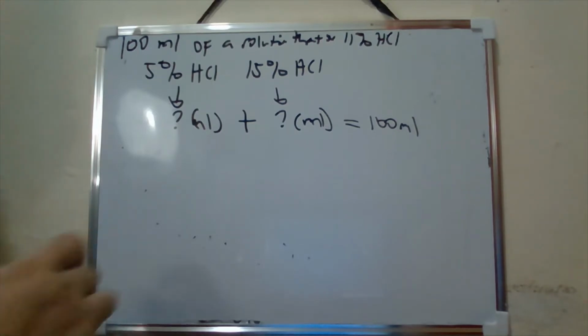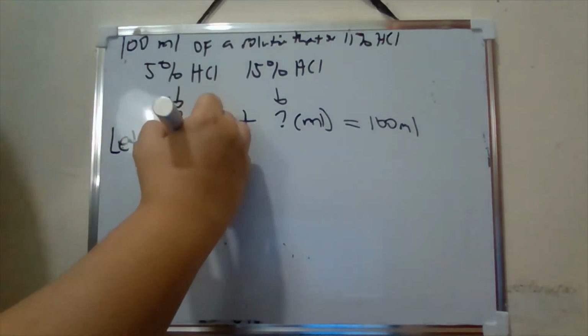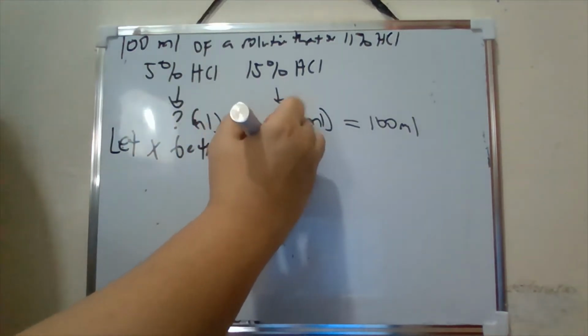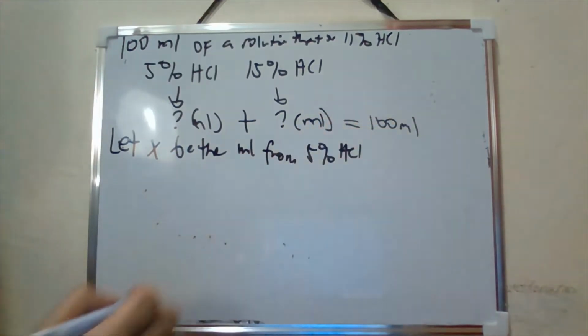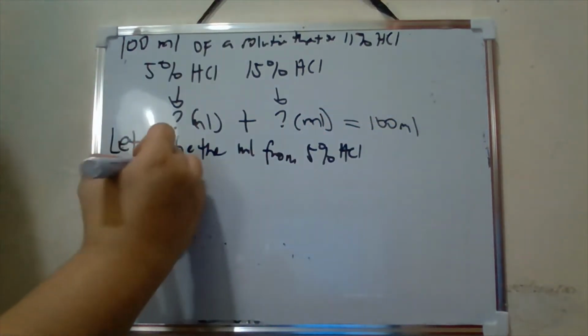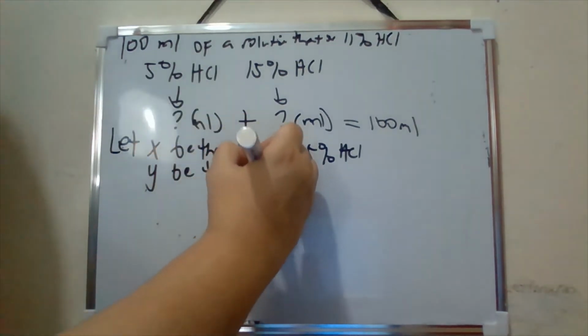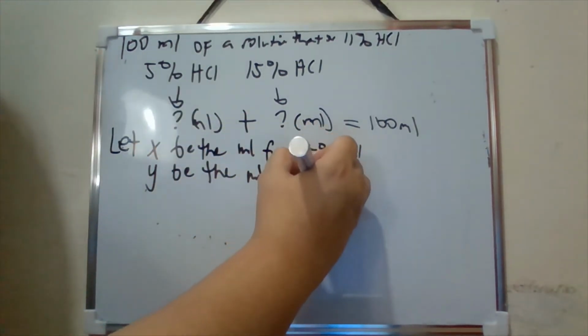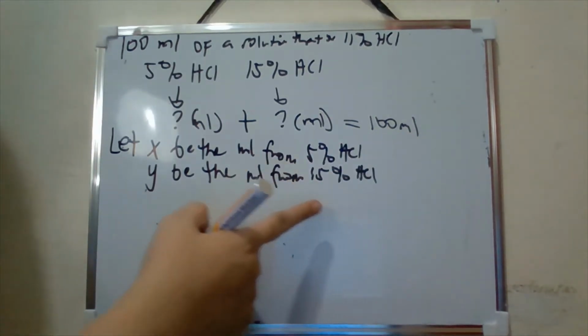So let X be the milliliters from the 5% hydrochloric acid, and let Y be the milliliters from the 15% hydrochloric acid.